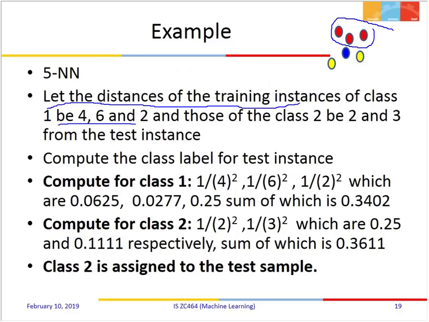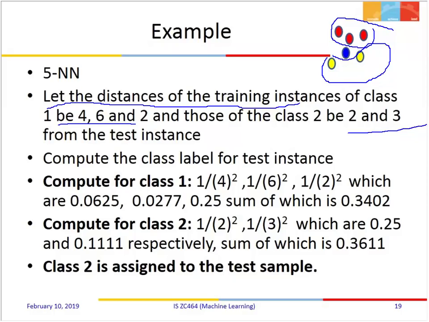And let us say the distances of these 2 yellow points are 2 and 3 from the test instance. Now we are going to compute their weights. Weights are nothing but the inverse relationship with the square of distances. So 1 by 4 square is the weight of the first point, 1 by 6 square is the weight of the second point, 1 by 2 square is the weight of the third point.